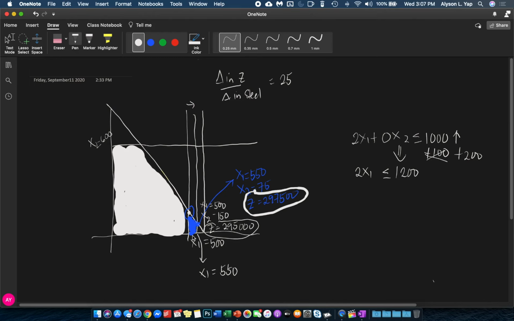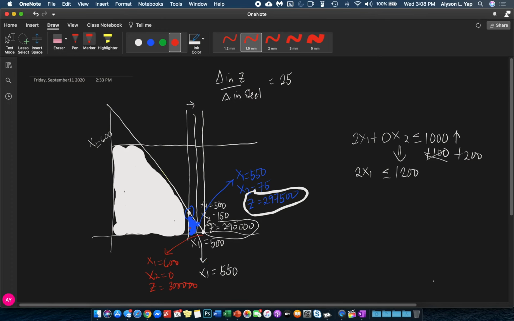Okay? And in this case, if we compute for this corner point, let me use red. This corner point is x1 equals 600 and x2 equals 0 and a z of 300,000. Again, what will happen is because you are increasing your steel from 1,000 to 1,200, you're actually adding feasible region.